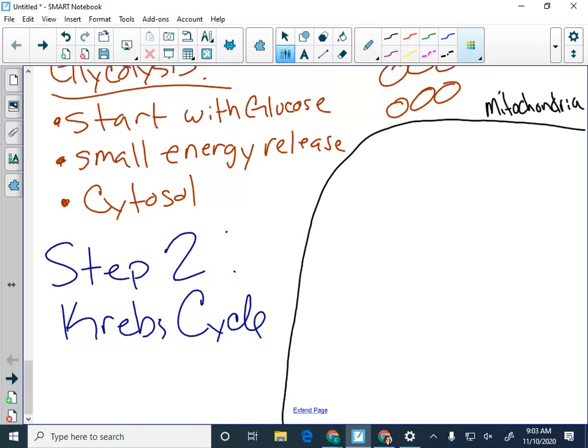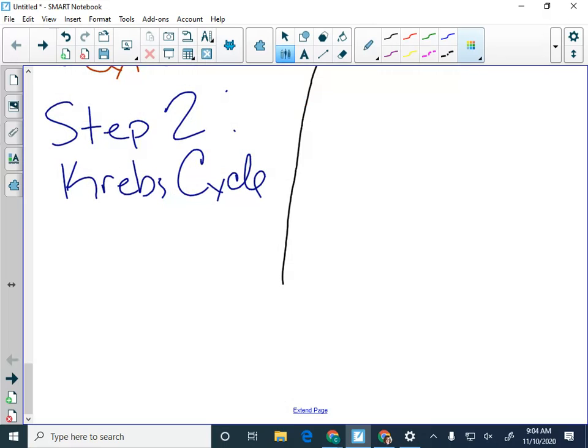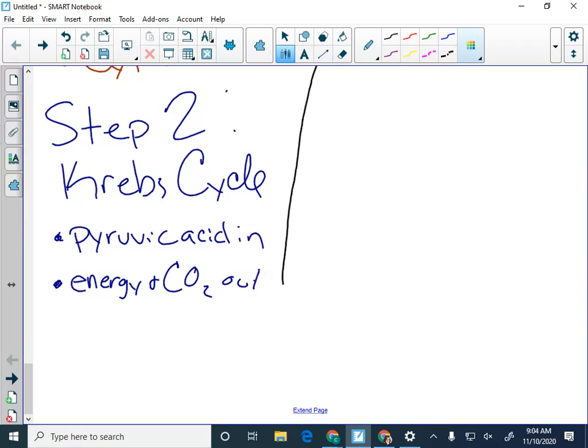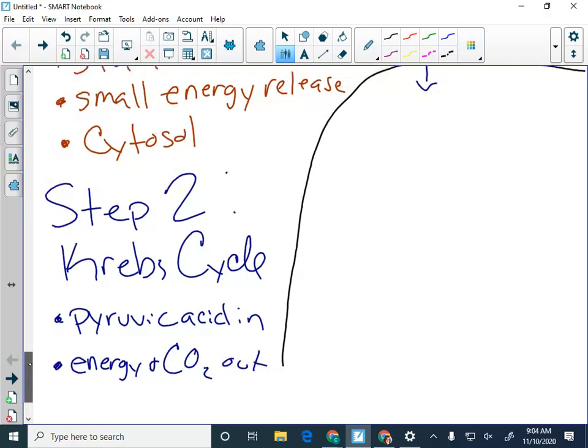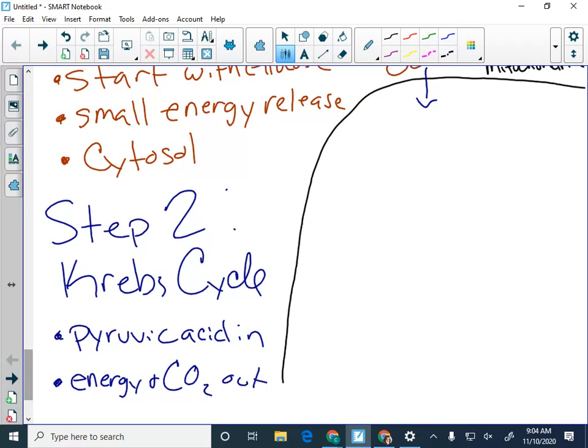So these 3-carbon sugars are actually pyruvic acid. In our Krebs cycle, we get pyruvic acid in, and we get energy and carbon dioxide out. Just like our first step in photosynthesis was what released the oxygen, the second step in cellular respiration releases carbon dioxide.